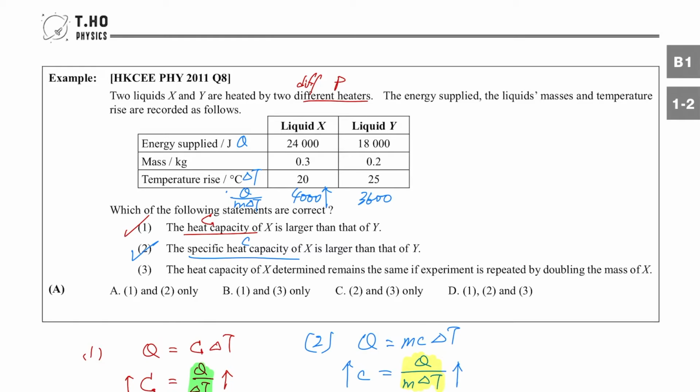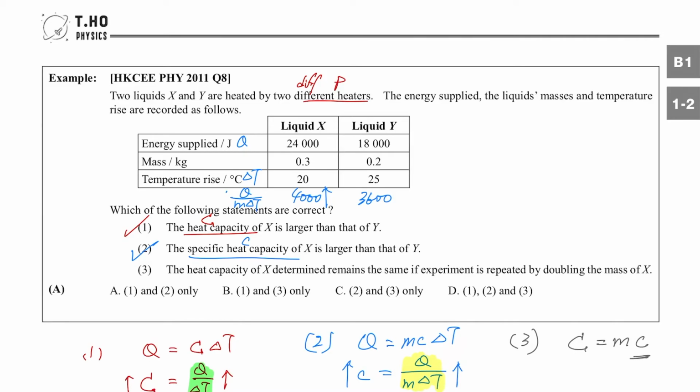Lastly, statement 3. The heat capacity of X determined remains the same if the experiment is repeated by doubling the mass of X. As we know, big C is equal to mass times small c. Heat capacity is equal to mass times specific heat capacity.